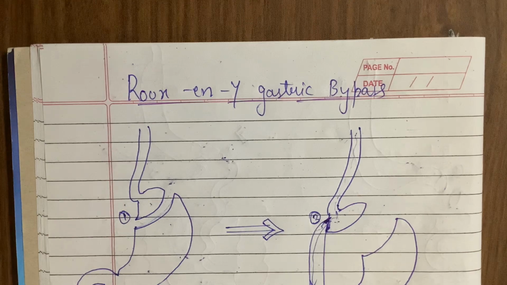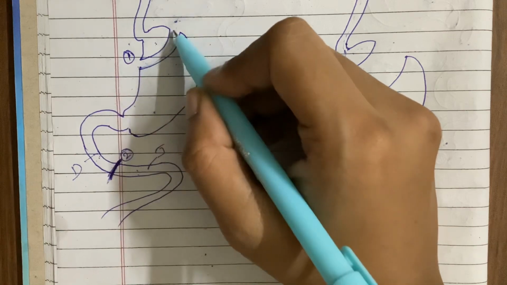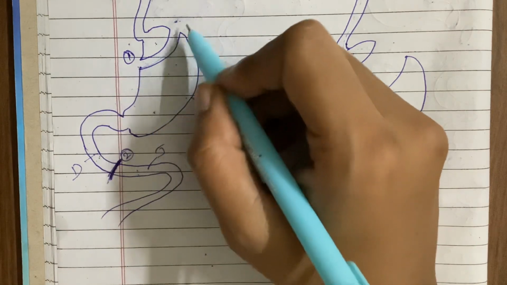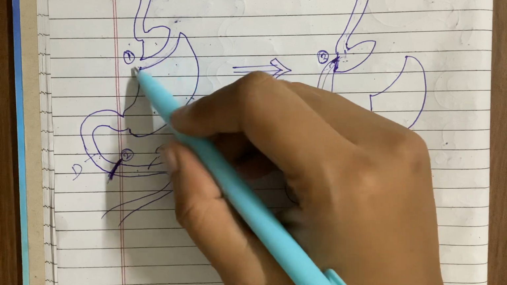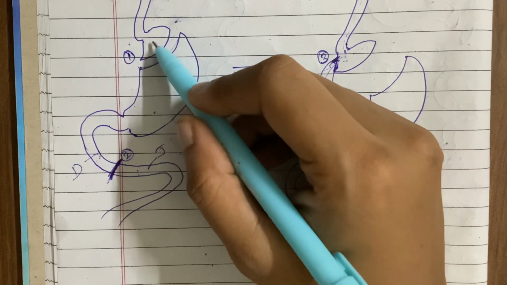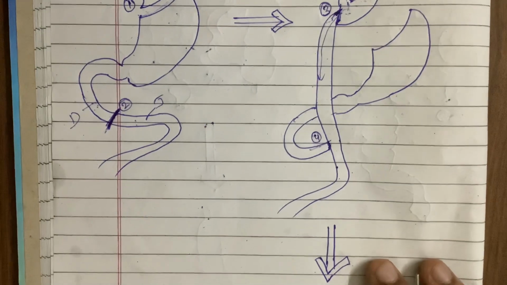We'll now see Roux-en-Y gastric bypass surgery. In first step, a dissection is taken into the stomach, into the upper segment of the stomach, dividing it into upper small pouch and lower larger pouch.